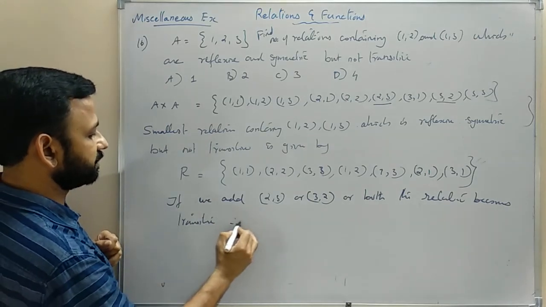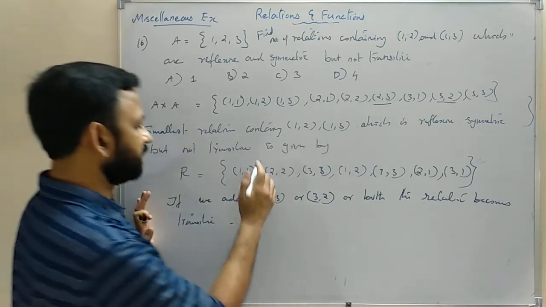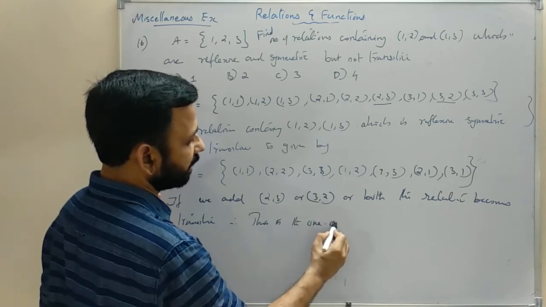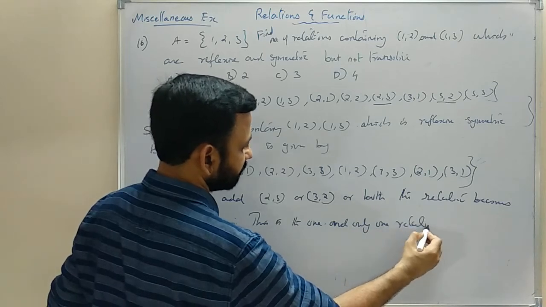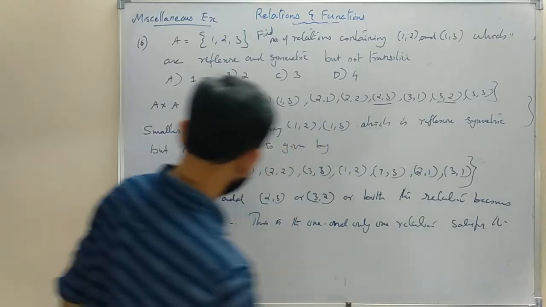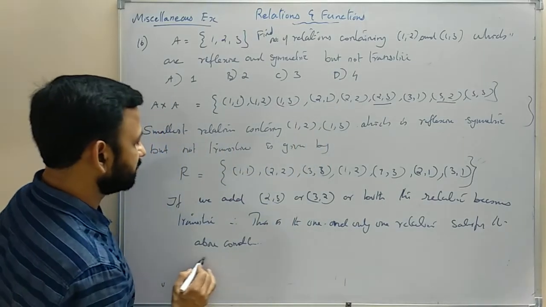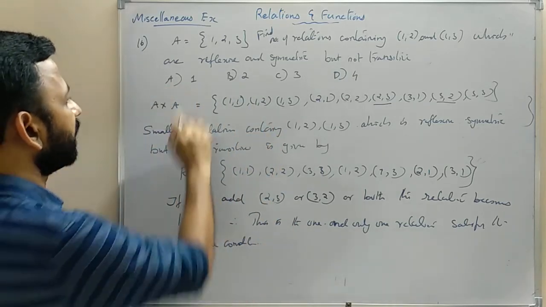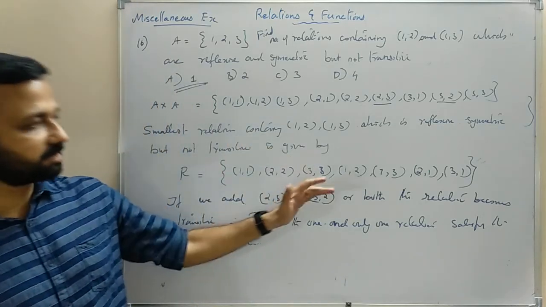Therefore this is the one and only one relation satisfying the above condition. Therefore the number of relations satisfying the above condition is equal to 1. So the correct answer is 1. We have only one relation satisfying this condition.